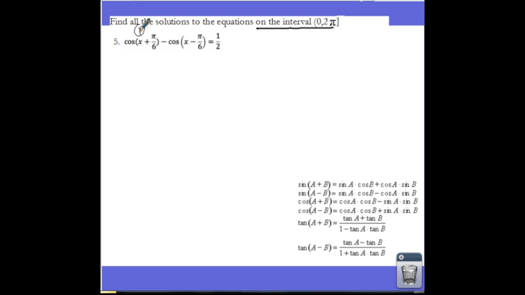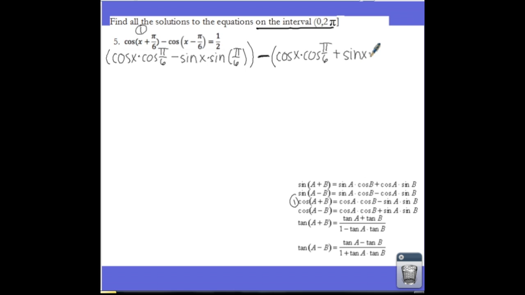So for cosine of x plus pi over 6, this one will be cosine of x times cosine of pi over 6 minus sine of x times sine of pi over 6, minus cosine of x times cosine of pi over 6 plus sine of x times sine of pi over 6.